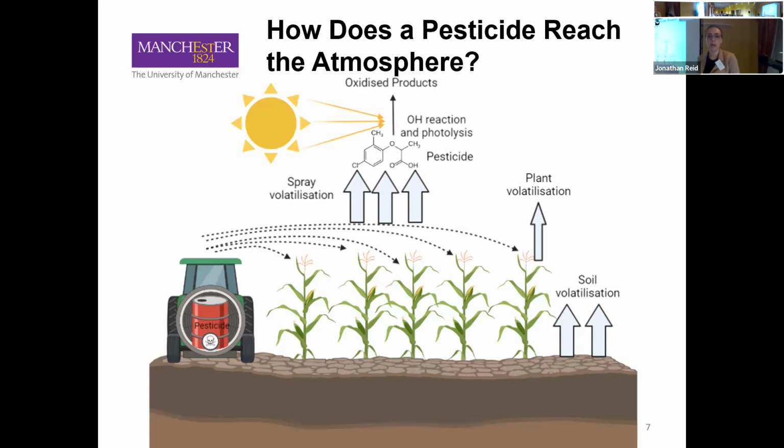Might reach a local town, might reach a local bystander, might get into some water in nearby ditches, that sort of thing. And then the 2 other is plant and soil volatilization. The majority of this can occur hours, weeks, months after application, depending on the active ingredient.